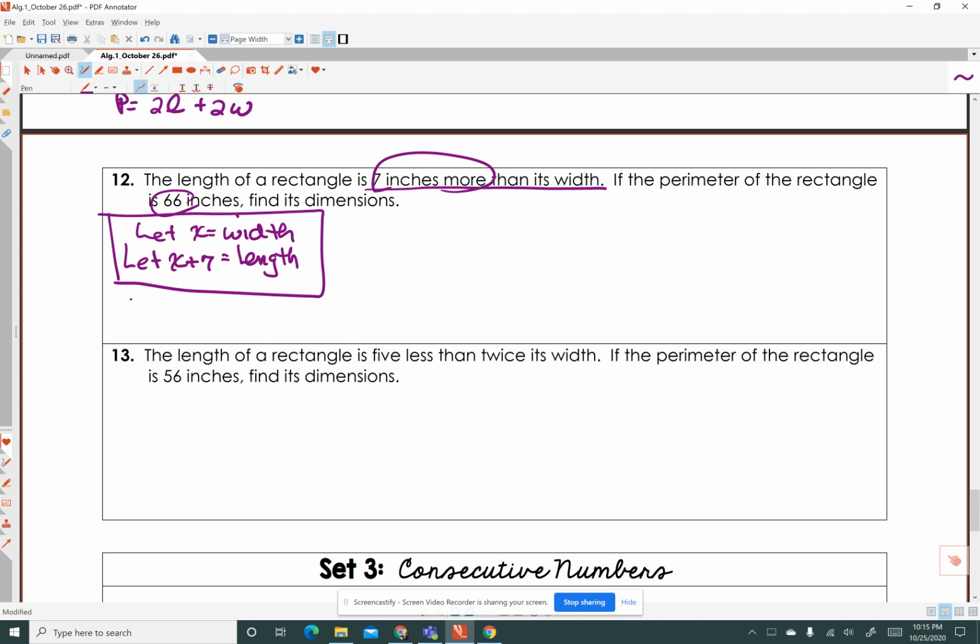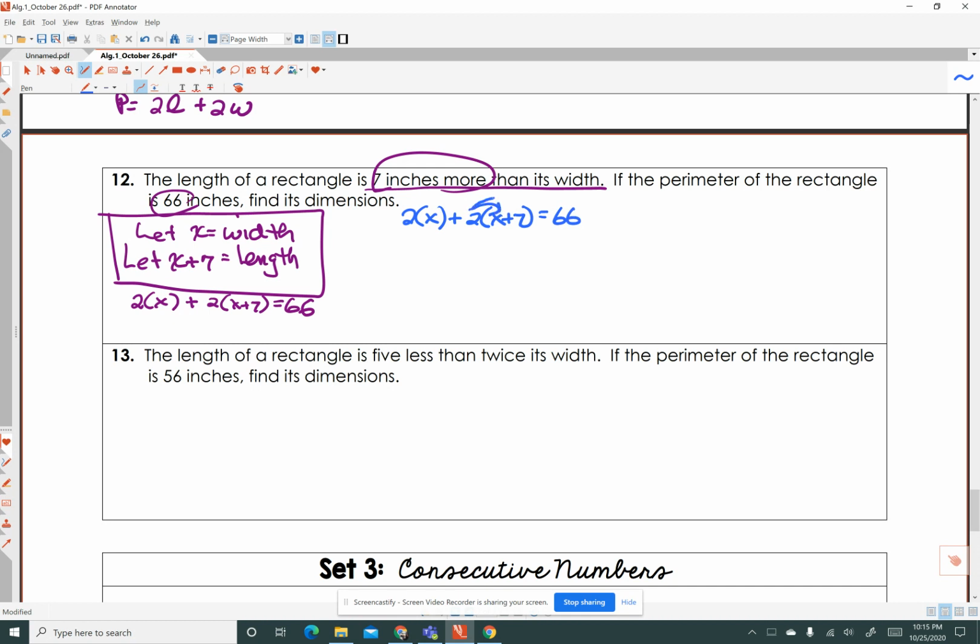Now let's create our equation. 2 times x, that's the width, plus 2 times x plus 7, which is our length, equals 66 inches. So let's write this up here. 2 times width plus 2 times the length equals 66.